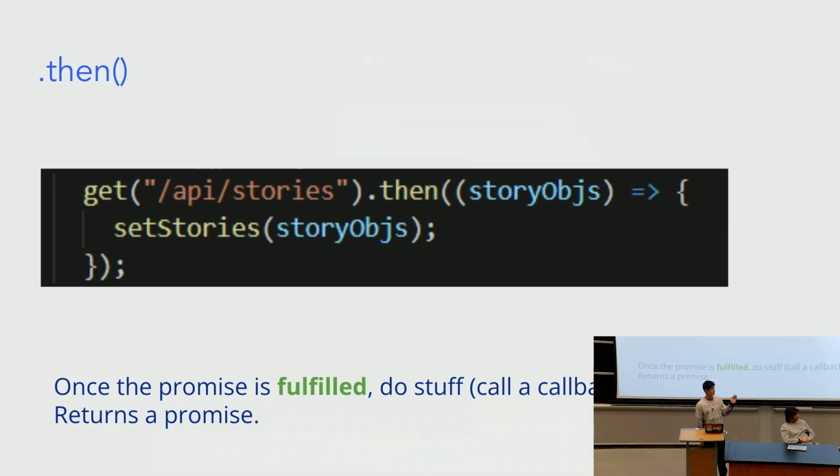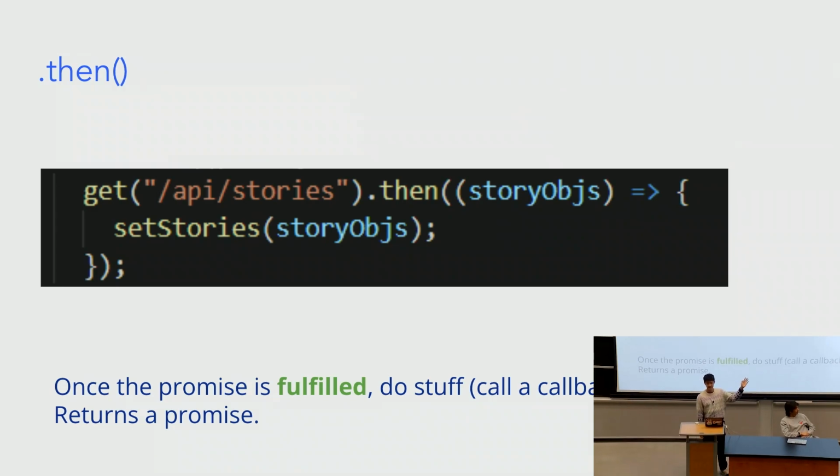So this will basically get /API/stories. It returns a promise, but that promise is going to eventually resolve into some story objects. And once it resolves into those story objects, then you can set stories to story objects. Imagine setStories is like some useState thing that we have. We can now set our state to the story objects.